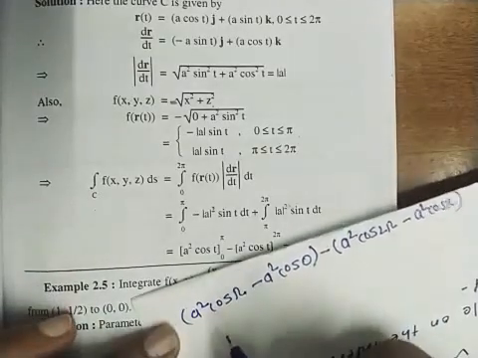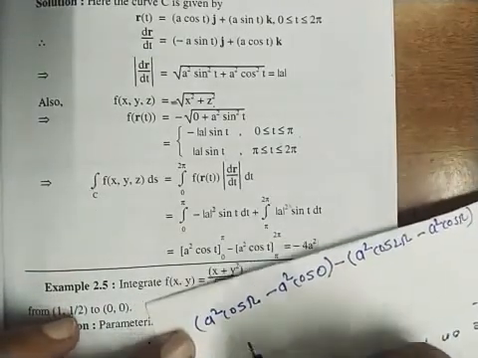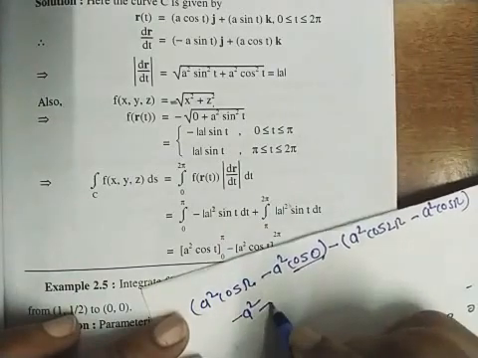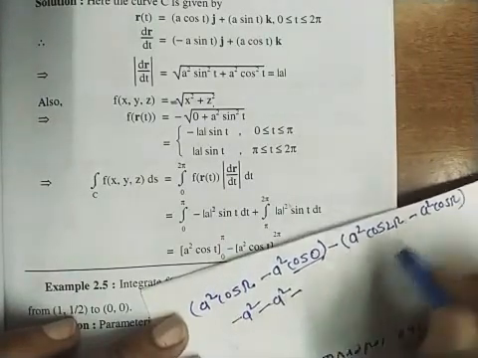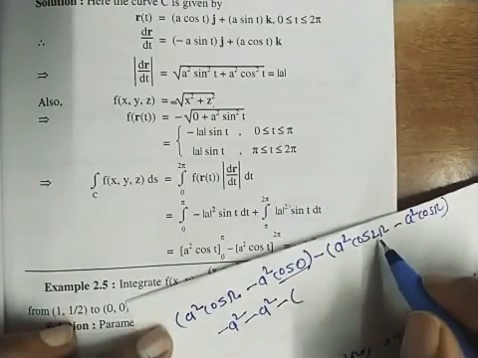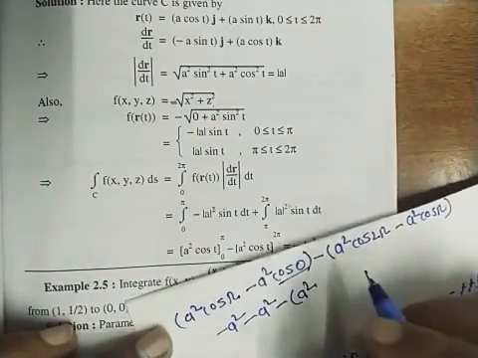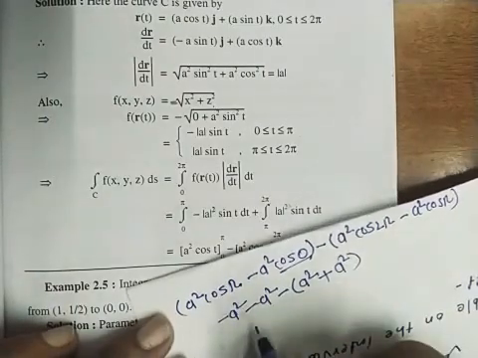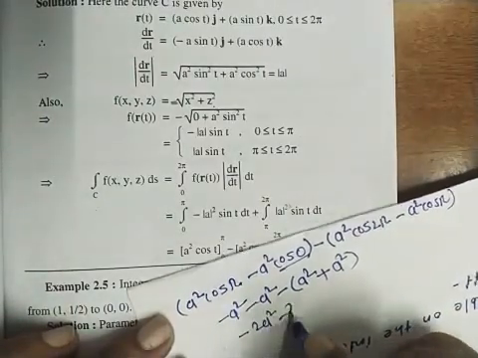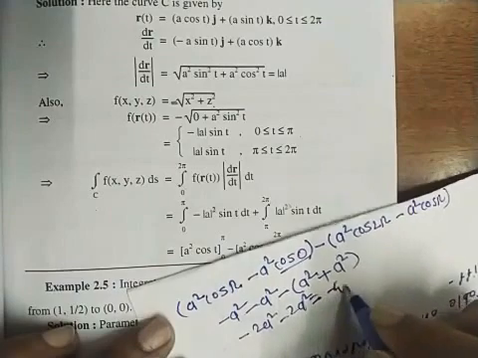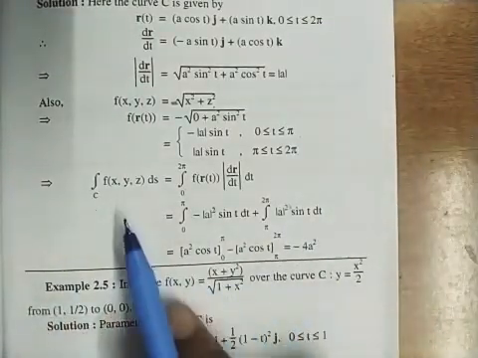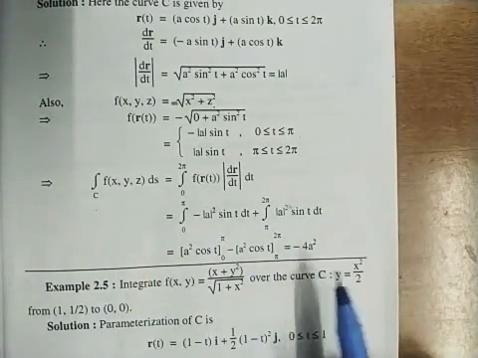We know cos pi is minus 1, so we get minus a square; cos 0 is 1, so minus a square. In the second bracket, cos 2 pi is 1, so we get a square, and cos pi is minus 1, so we get plus a square. That means we get minus 2a square minus 2a square, that is minus 4a square. So the integration over this curve is minus 4a square.